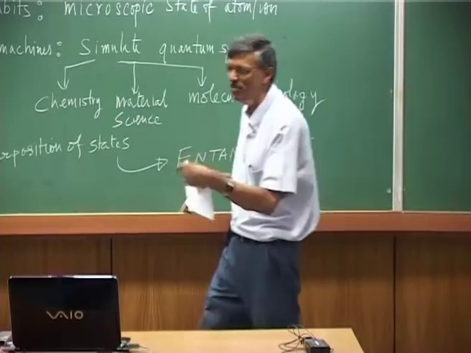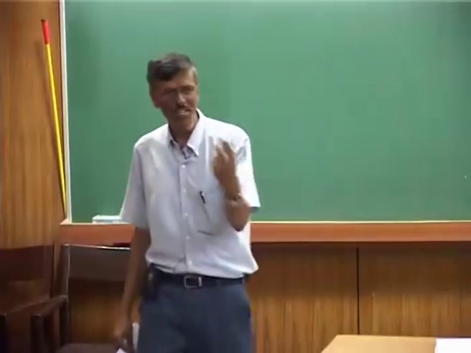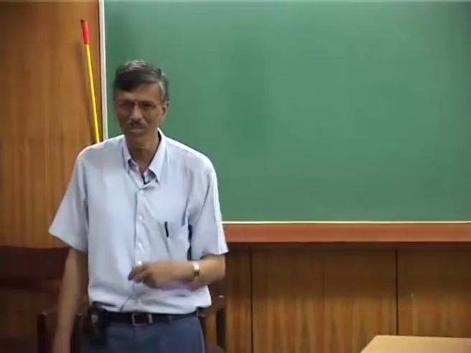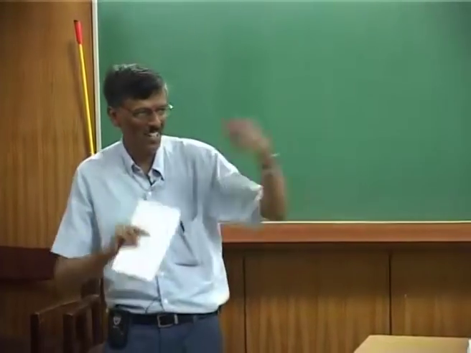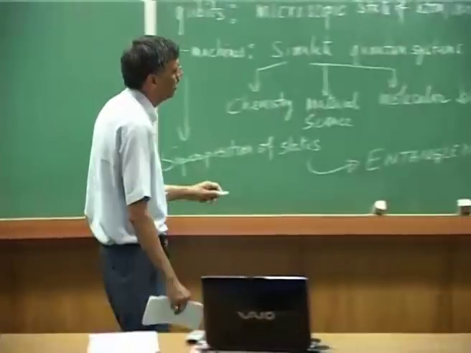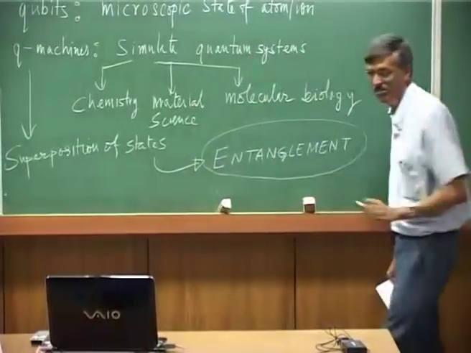Say you are trying to compute something using one qubit, but one qubit cannot work in isolation. It is going to bring in, because of the quantum property, other qubits also into the picture, and that is what contributes to what we call entanglement.